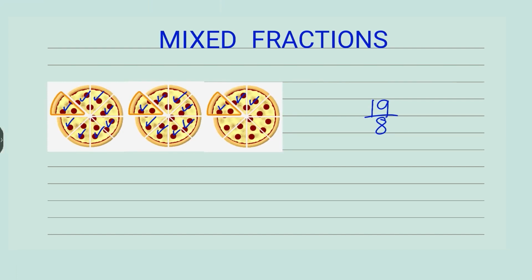As you can see, we have selected 2 whole pizzas, so we'll write 2, and we have selected a fraction of the third pizza, 3 by 8. Now, when we join them, we form a mixed fraction 2, 3 by 8. Therefore, 19 by 8 can also be written as 2, 3 by 8. So now 2, 3 by 8 is a mixed fraction.